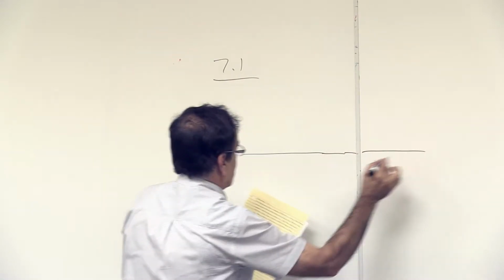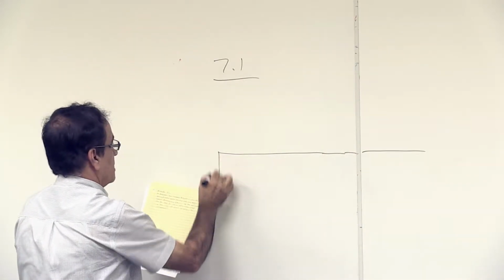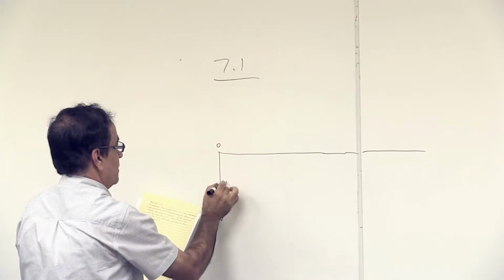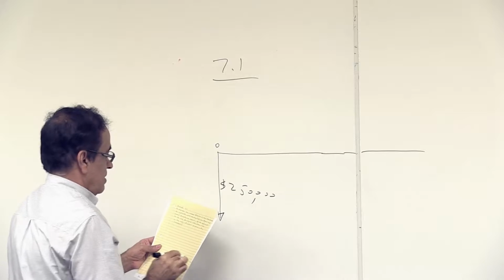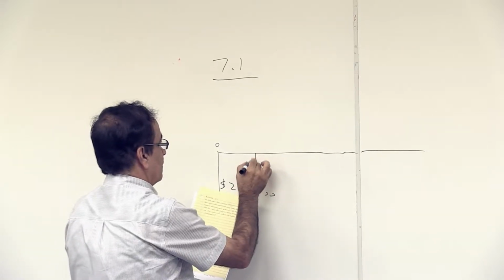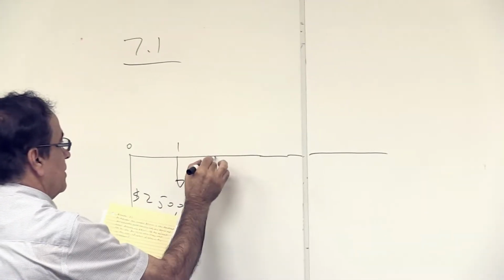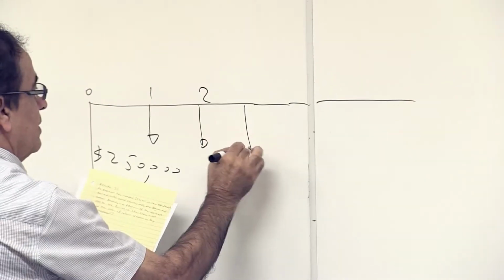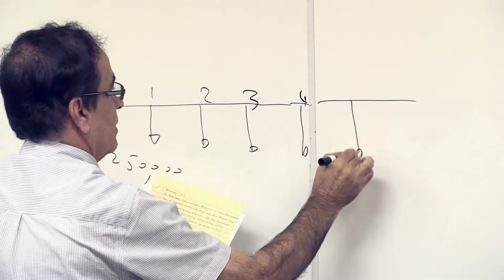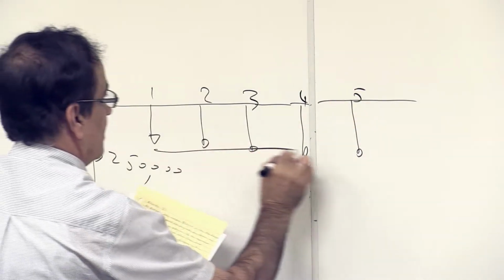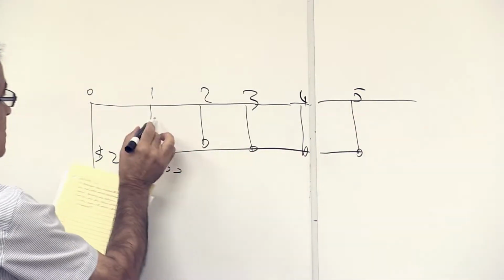So this is going to be the cash flow diagram. The initial cost at time 0 is $250,000. The annual operating cost for 5 years, this is year 1, year 2, 3, 4, and 5, is going to be equal to $10,000.